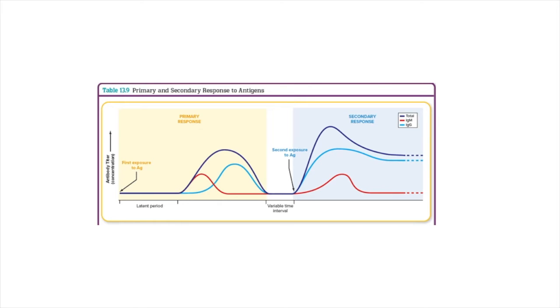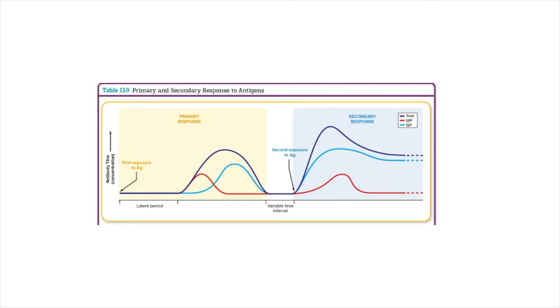And you will see that the first time you're exposed to this antigen, either naturally or through a vaccine, there will be a period, a latent period of several days before you get significant amounts of antibodies in your bloodstream towards the end of what's called here the primary response.